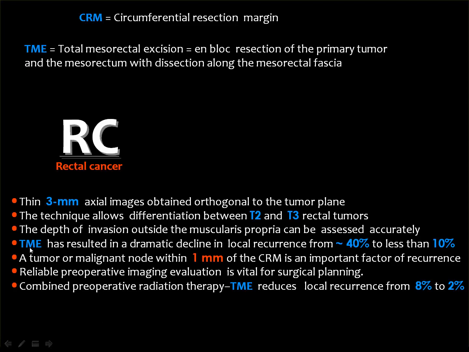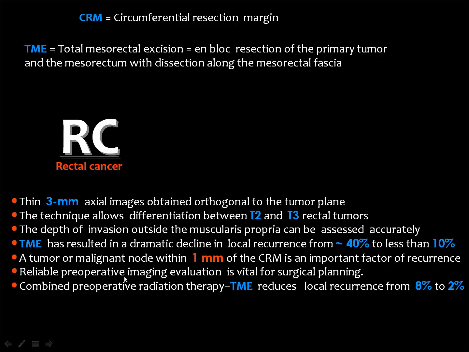Total mesorectal excision has resulted in a dramatic decrease in the local recurrence rate from 40% to about 10%. A tumor or malignant node within 1 millimeter from the mesorectal fascia is an important factor for recurrence.